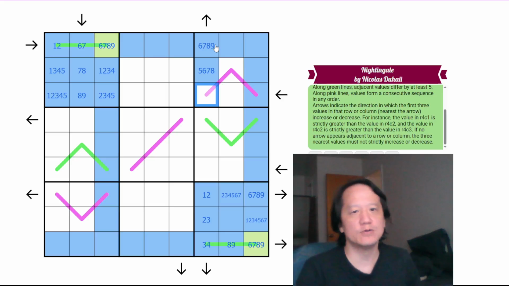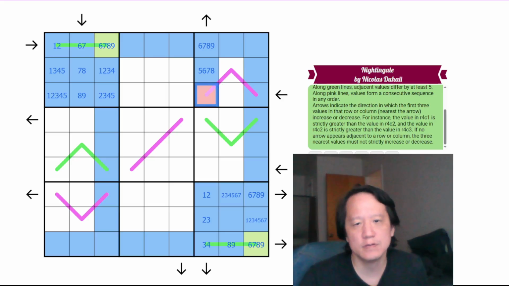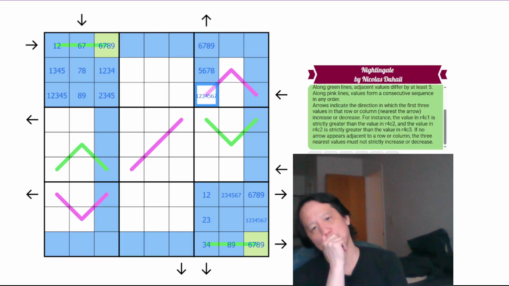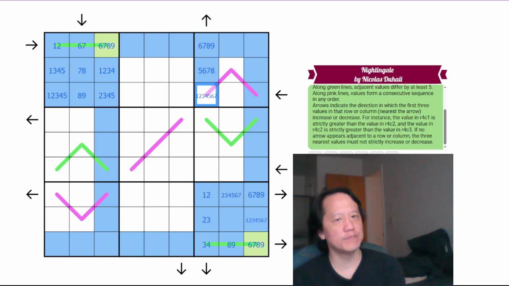This is at most 7. So this is 1 through 7. Could it be 1 double?